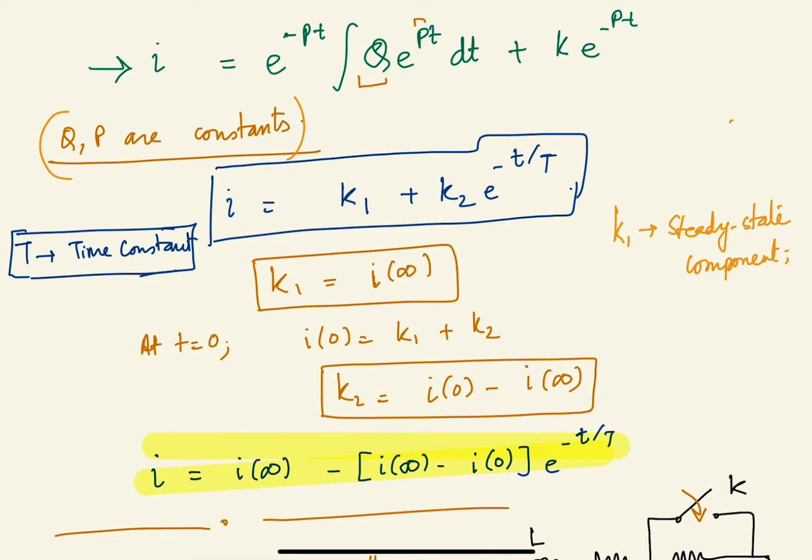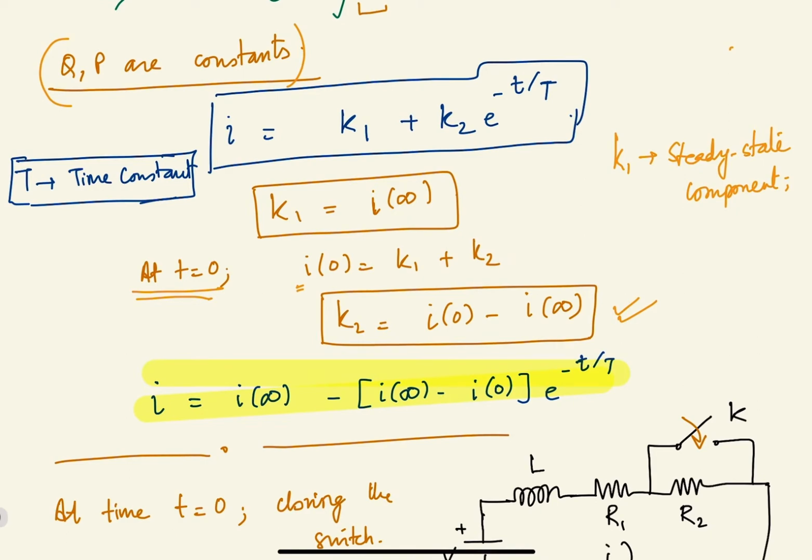Now if we have to calculate this parameter k2, we will take a look at the time t equal to 0, and we say that I0 is actually k1 plus k2. So k2 we can find out using this equation, that is I0 minus I of infinity.